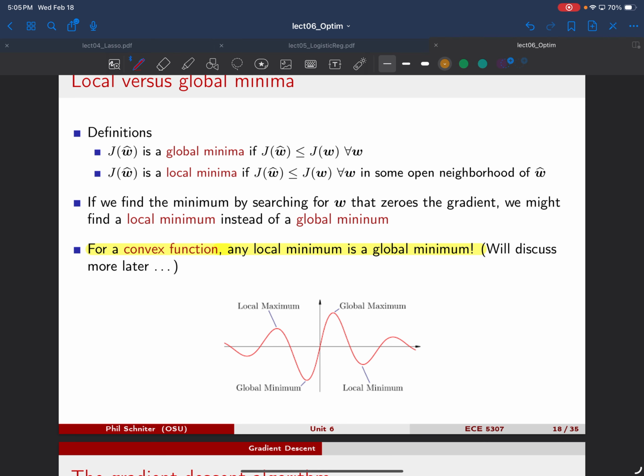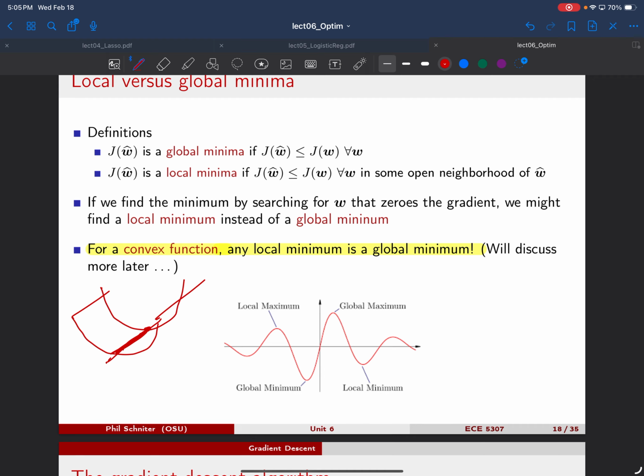So this quadratic is one case where there was only one minimum, and that's great because that's the global minimum. Or you can have other cases where maybe the minimum is not unique. In 2 dimensions, maybe we have something like this. All of these here are minima, but they're all equally good.